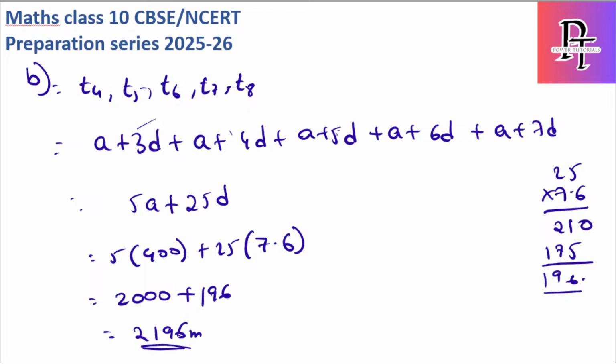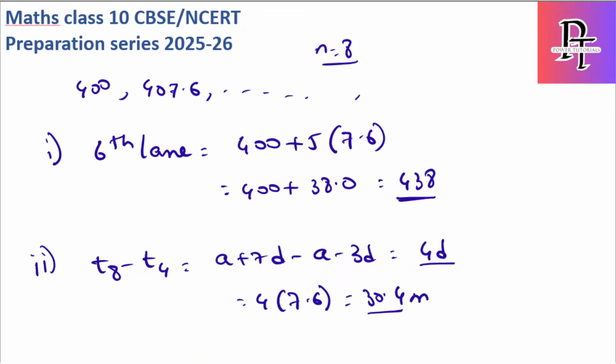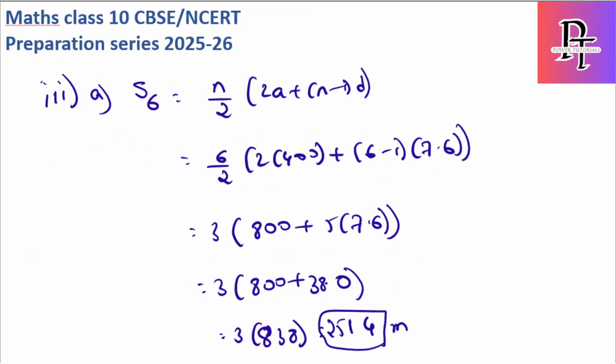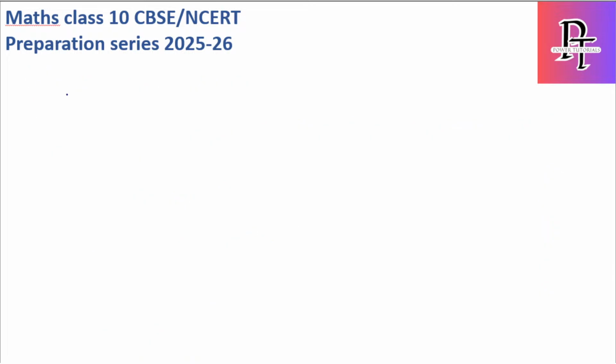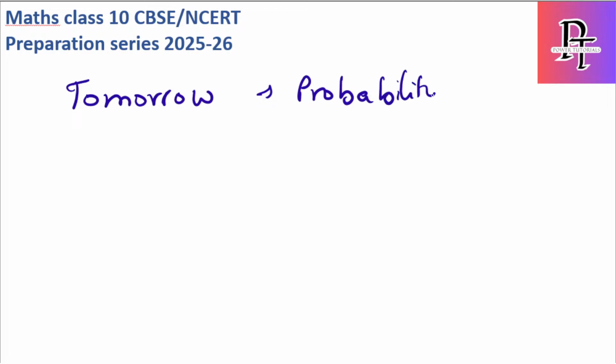Okay, so in this way, as I mentioned, the viewership is less, so I am concluding here. I feel that for arithmetic progression, most of my subscribers or students are not having any doubts. So tomorrow I will plan another chapter, and I'll try to make it the probability chapter marathon.